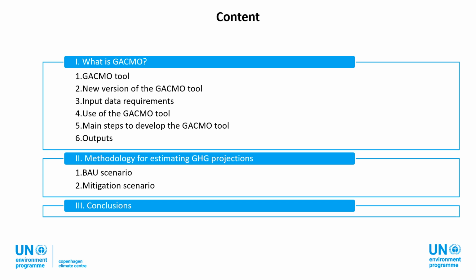The second part of the presentation is methodology for estimating GHG projections using the GACMO tool. I will go through the approaches for the calculations used in the GACMO tool, for estimating GHG emissions in BAU scenario and the mitigation scenario. And the final part of this presentation is conclusions.